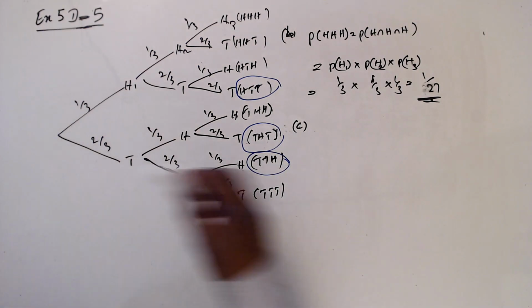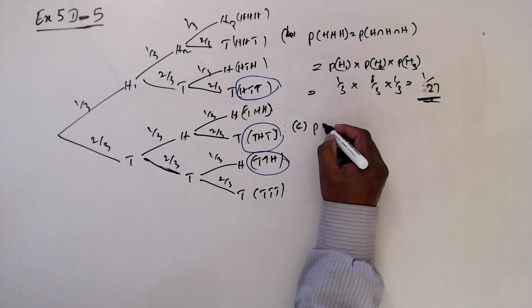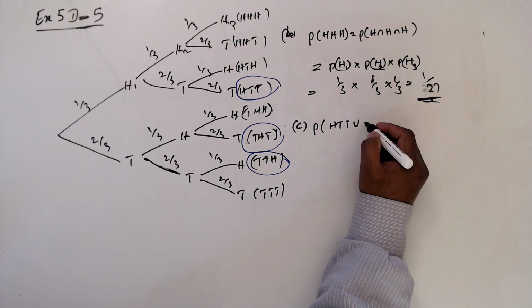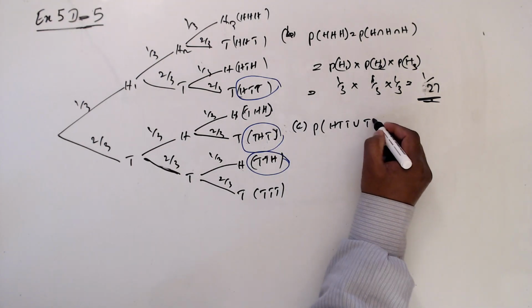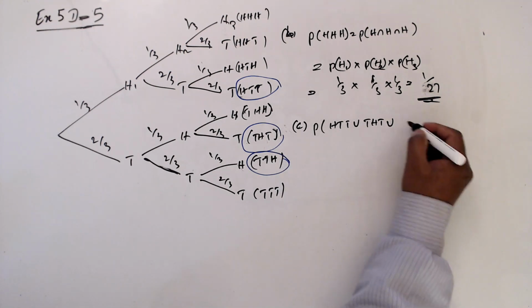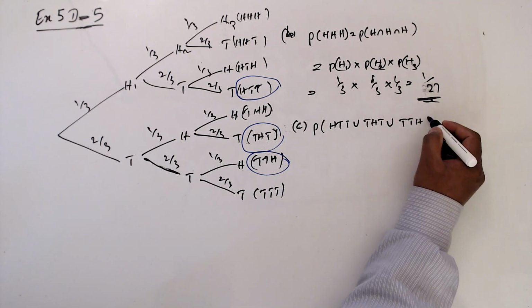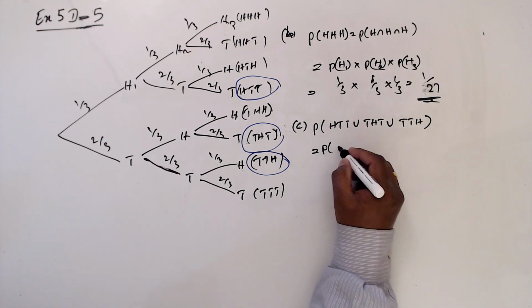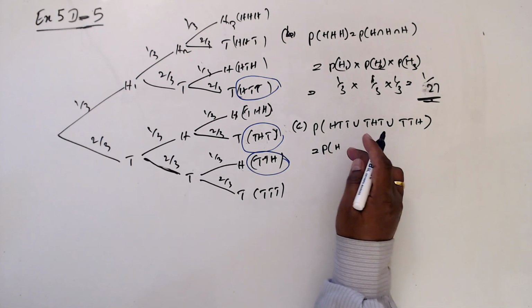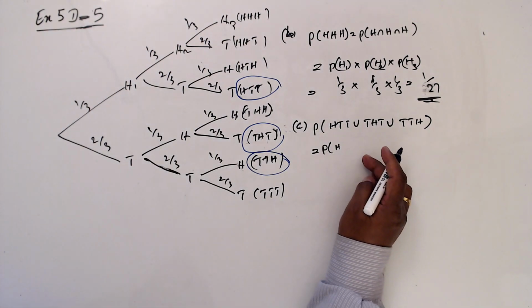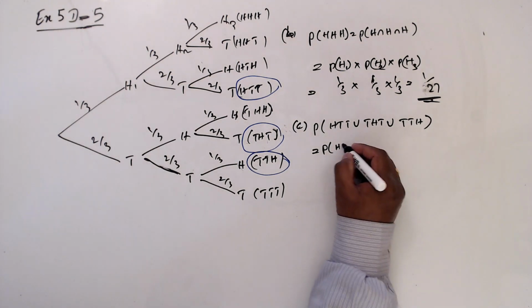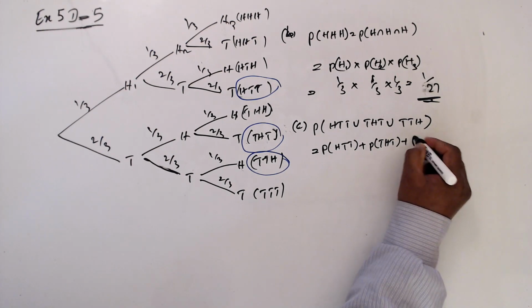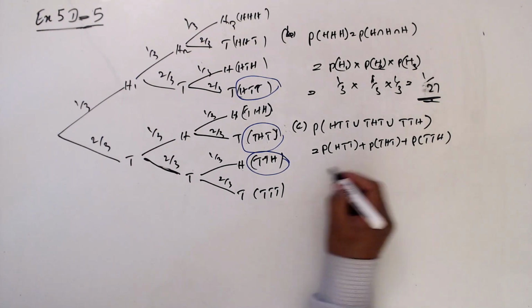So then the probability of HTT union THT union TTH equals the probability of HTT plus the probability of THT plus the probability of TTH.